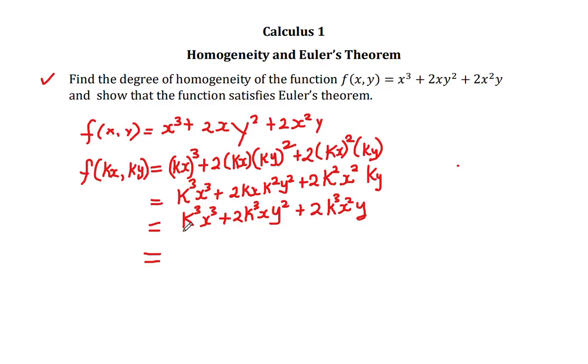When we look at this, we realize that here we have k cubed, here we also have k cubed, and here in the third piece we also have k cubed. So we can factor out k cubed.